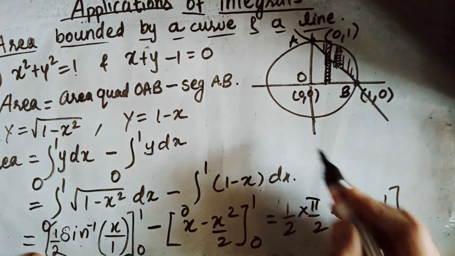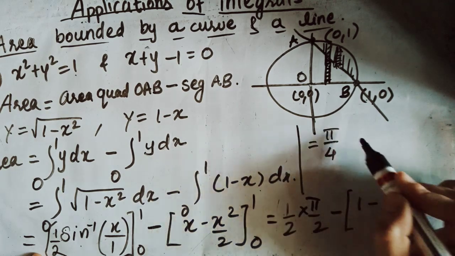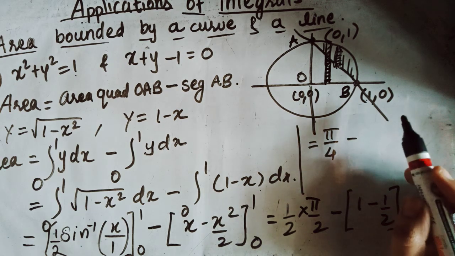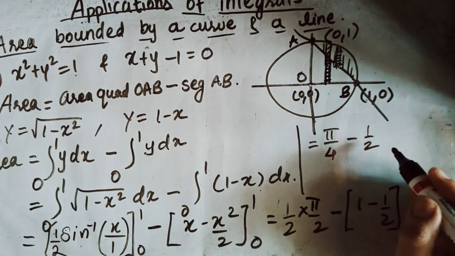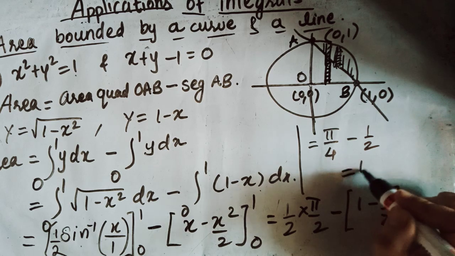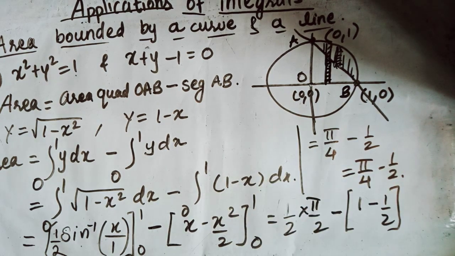Okay, so you will get pi by 4 minus, this is 2 minus 1, 1 by 2. So yeah, 1 by 2. So pi by 4 minus 1 by 2 is the answer.